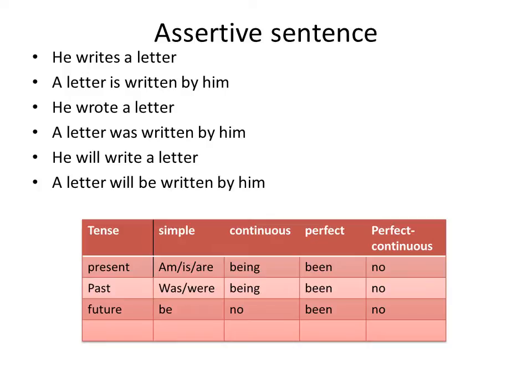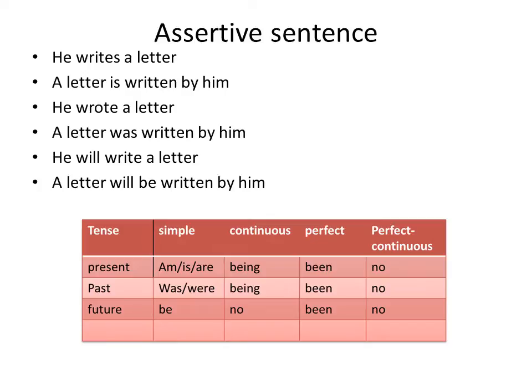It is the simple construction: subject, verb, object or complement. It ends with a full stop. So if you see the subject at the beginning and a full stop at the end, you can identify that it is an assertive sentence. Let's see the first sentence.